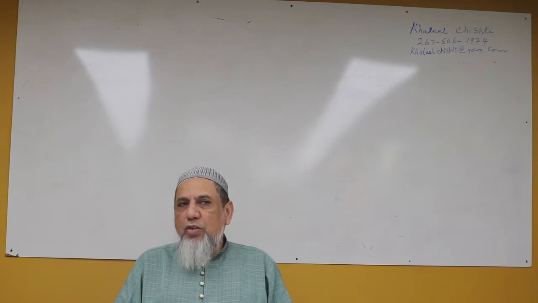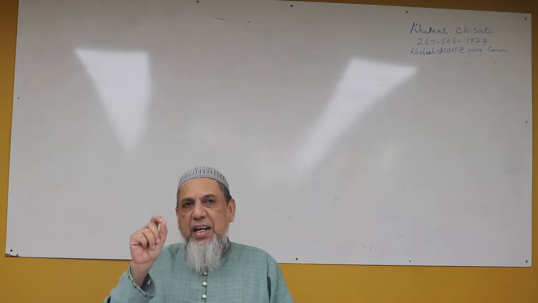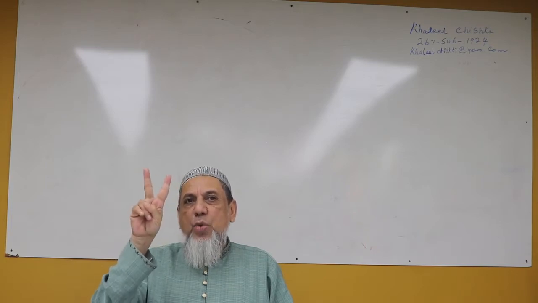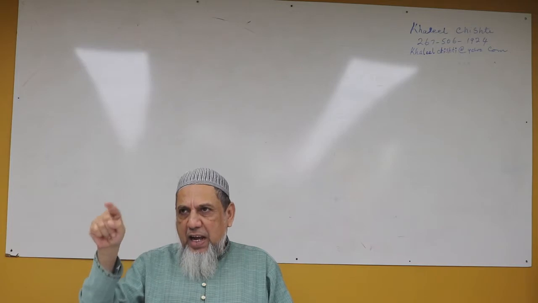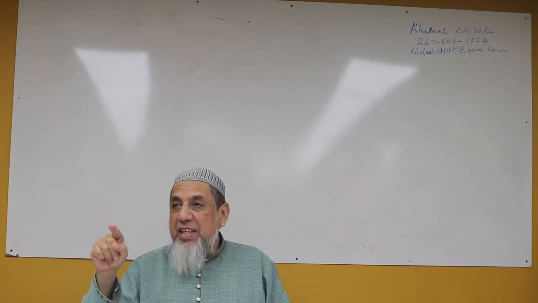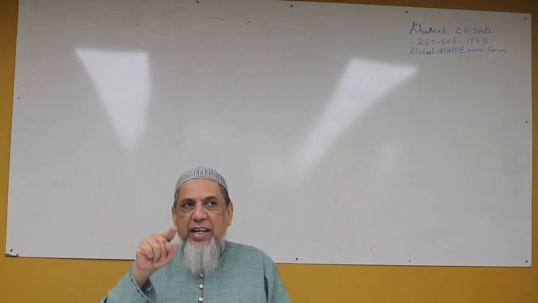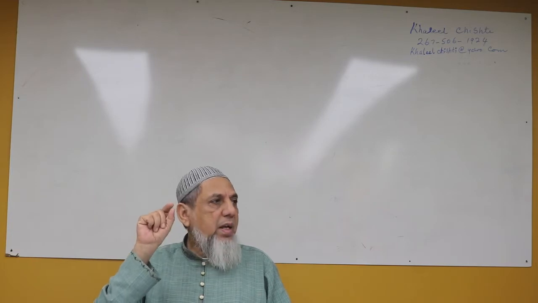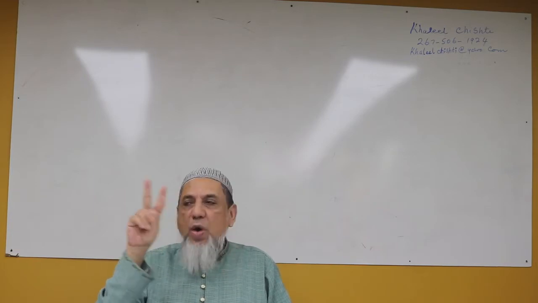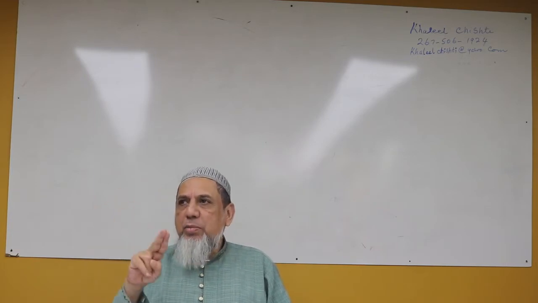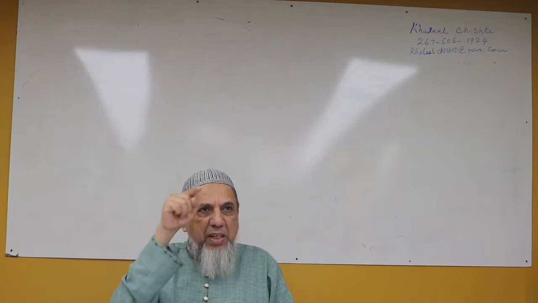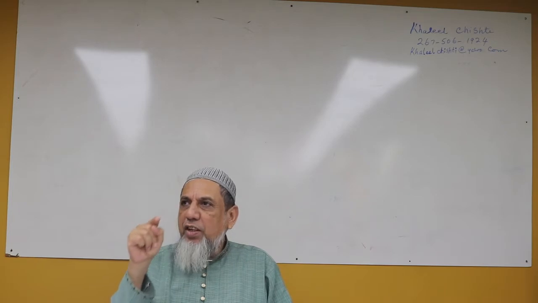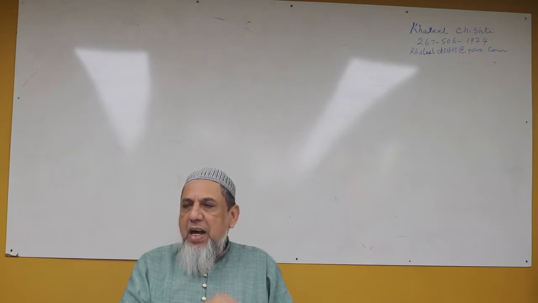Al-shamsu. So the first letter of the word shams is repeated twice. Alif lam is written there, but lam is not pronounced. Instead, you say sheen twice, ash-shams. Whereas in al-qamar, lam is written and lam is pronounced also.